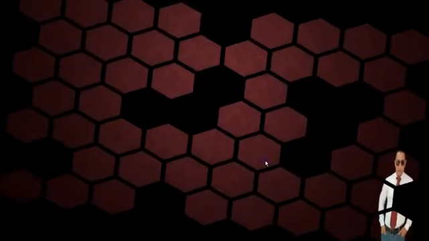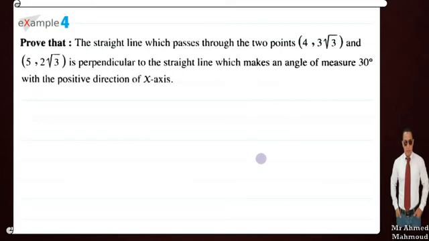Example 4. Prove that the straight line which passes through the two points shown is perpendicular to the straight line that makes an angle of measure 30 degrees.